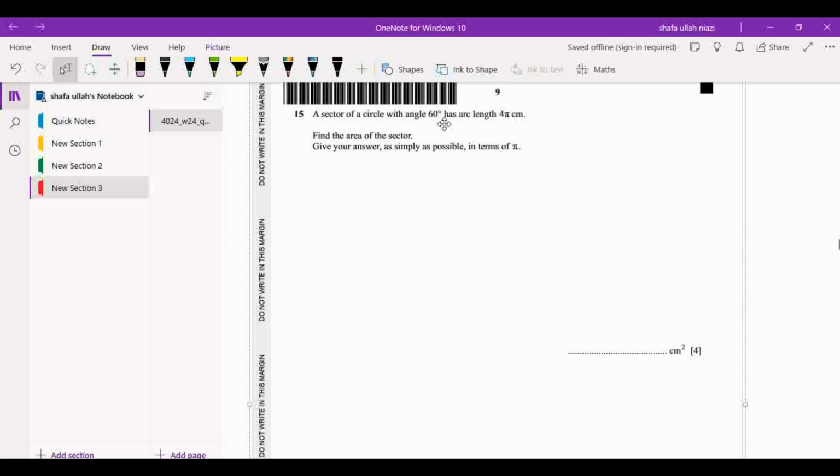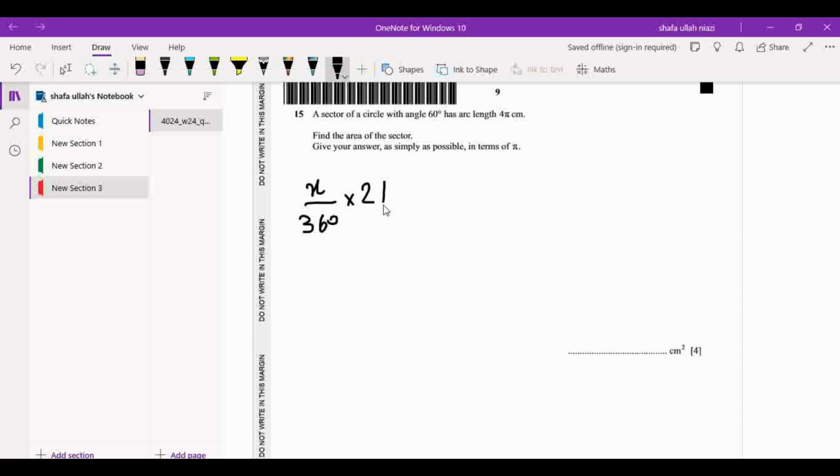X is 60 degrees out of 360. Find the area of the sector. First we have to find the radius, and we know that the length of arc of a sector is x over 360 into 2 pi r.